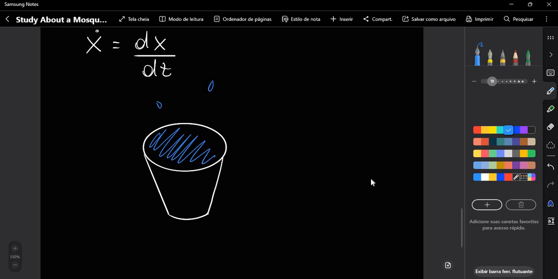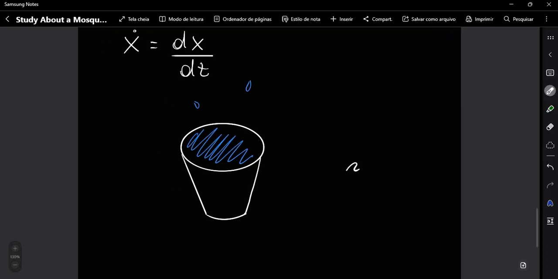So now the mosquito will come. So now we got the mosquito, and it's a female because just the females have the eggs.